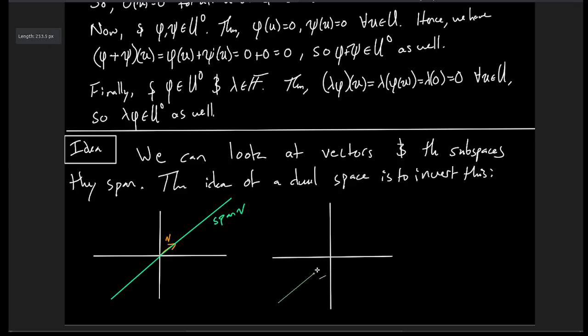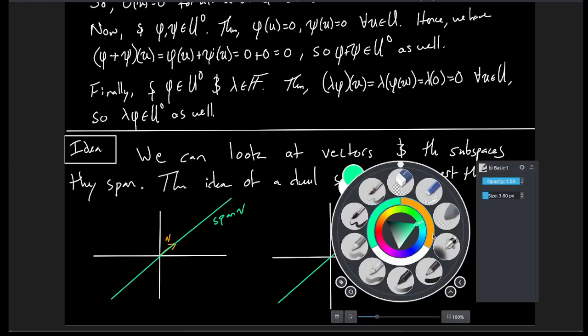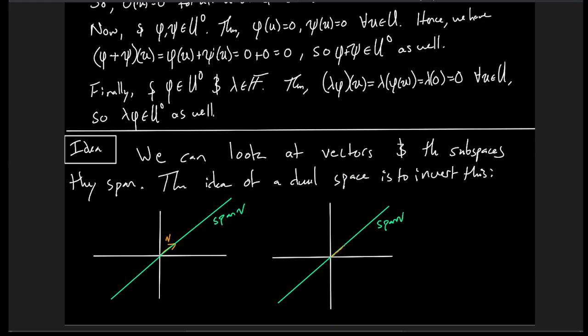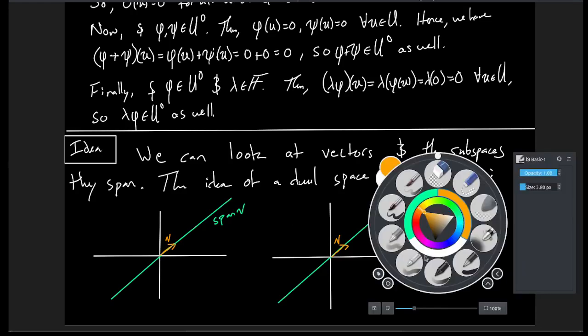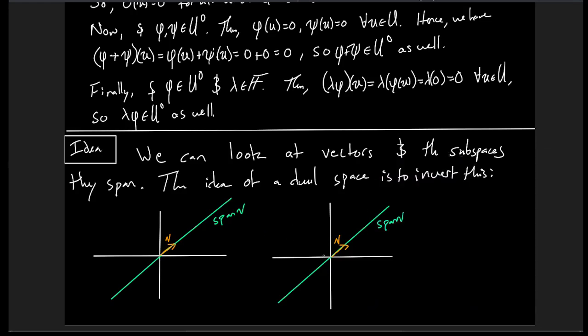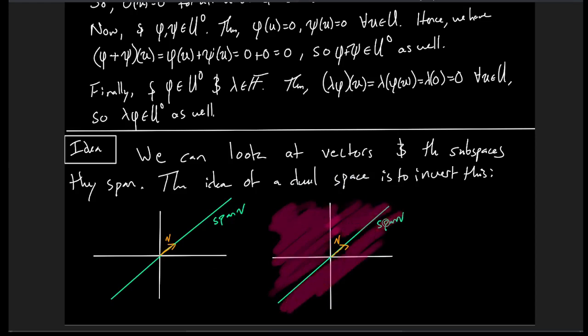Now we've got the span of V, this single small subspace, easy enough. You've got your little V right down here. Let me make that V look nicer over in the other one. So you've got your V and your span V. Now, here's the idea of what we'll do: we'll take, essentially, everything except for this line.